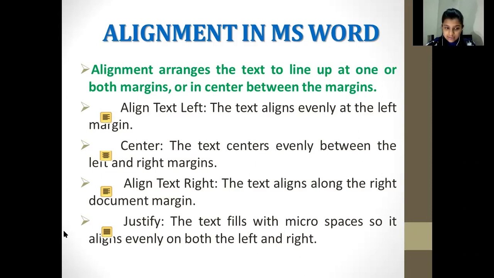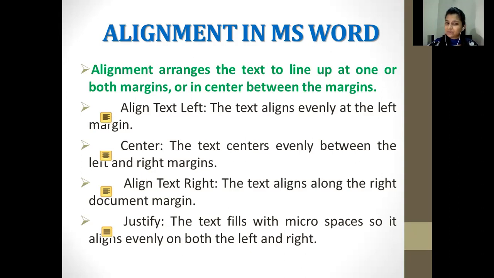As you can see from the icon, the text is properly starting from the left hand side to the right hand side, whereas on the left hand side you can see it is starting from the left, but the right hand side is not very clear. And in the center we can see that the text is totally in the center, whether it is starting from left to right, but the text is totally in the center. And about the right hand side, again it goes the same. Okay, so justify is for organizing the data, or we can say giving equal spacing from the left hand side and right hand side also.